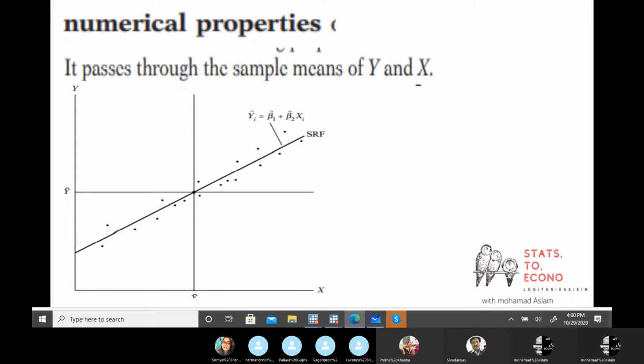The whole purpose is to get these answers, and to get them we need estimated values for these two parameters, or more than beta 2 hat if we have more than one independent variable. For that we are using these methods. The OLS method tries to minimize this gap, the residual between the actual value and the predicted value. This is the idea behind the OLS method.